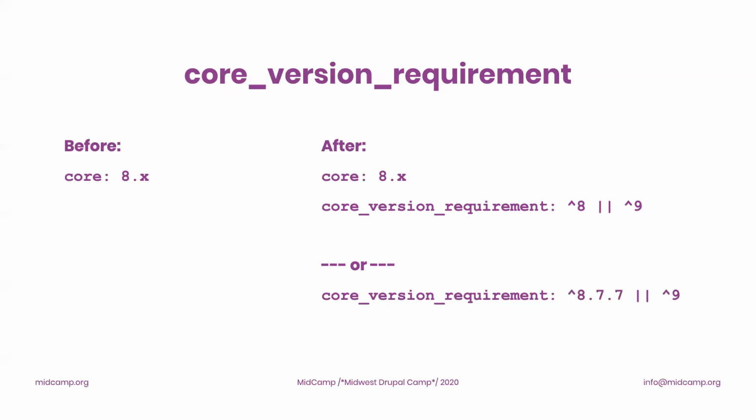And as long as you add the core_version_requirement key, then your module will still be compatible with Drupal 9, because Drupal 9 knows enough to ignore the original core key and use the core_version_requirement key instead. If you're not worried about being compatible with older unsupported versions, and you only need to be compatible with Drupal 8.7.7 and higher, which actually includes all supported versions of Drupal right now, then you can actually remove the core key completely from your info file. I just want to point this out because it's one of the kind of tricky things with it.